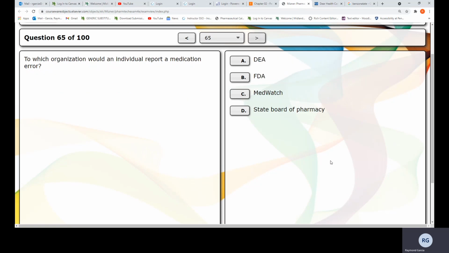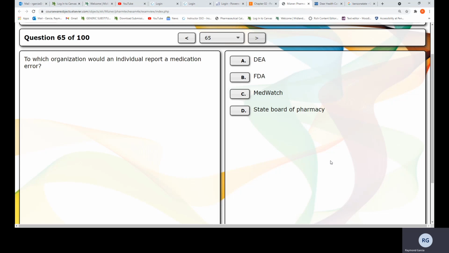Last one. To which organization would an individual report a medication error? I wouldn't think DEA because they would only deal with controlled medication.